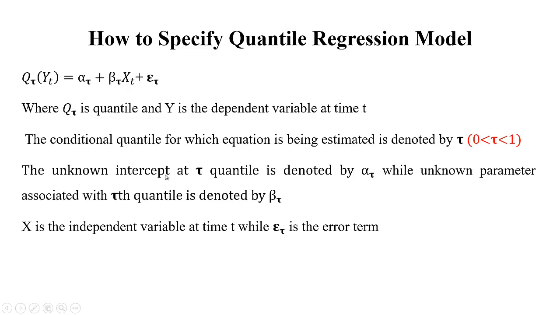Now the x is the independent variable at time t, while this e subscript tau is the error term. But what I want you to take note of here is this tau. So you must ensure that you add it to your model, because it shows that the model is a quantile regression. And when we get to the estimation of the quantile regression model, I will show you how to vary the value of the tau from 0 to 1.